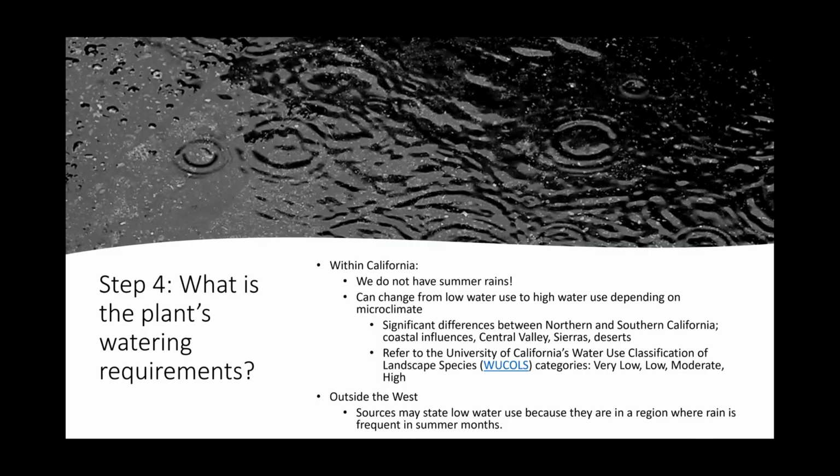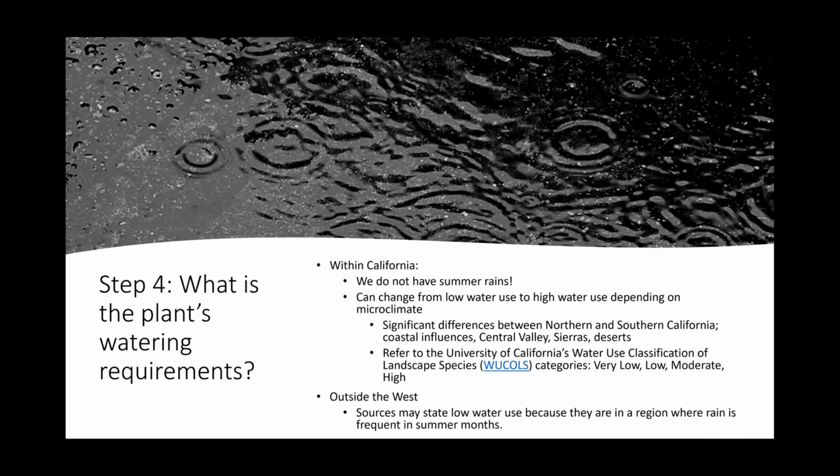Finally, the fourth step is to look at the watering requirements. Now, when plants are in, say, Florida, where they get regular rain, almost like, you know, 2 o'clock tea time, they may refer to a plant as being drought tolerant because they don't have to water it there.